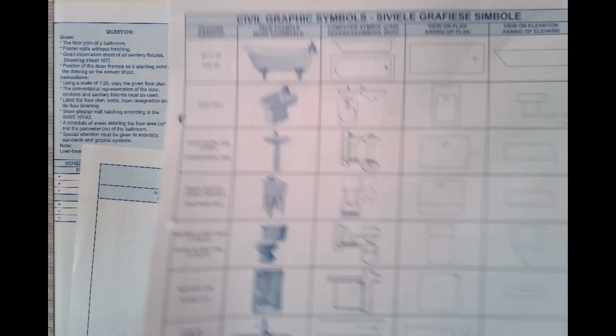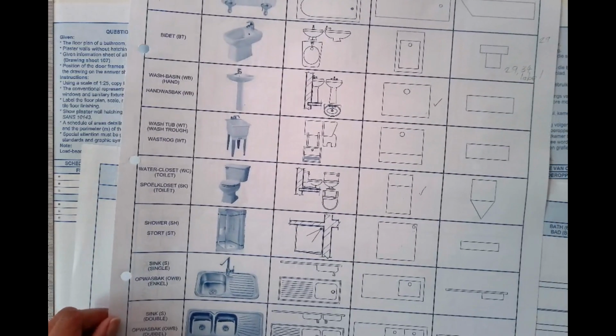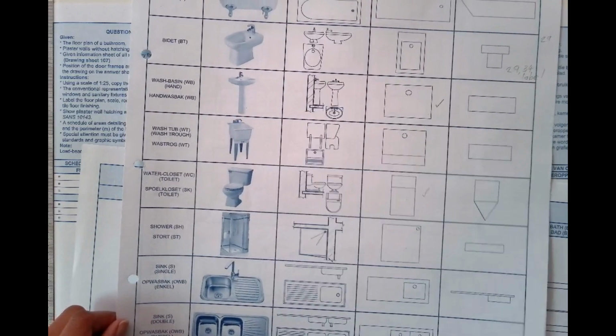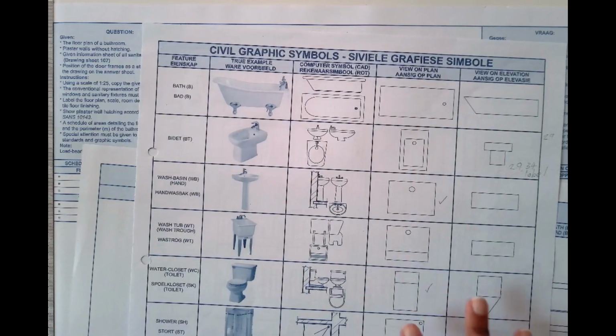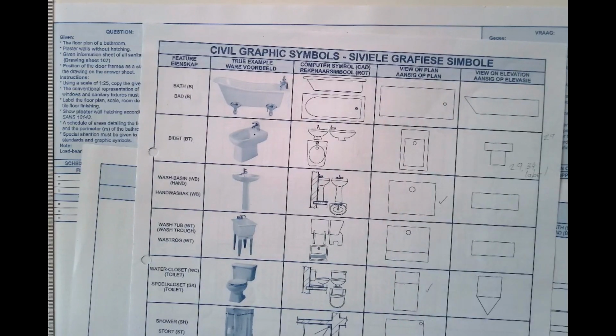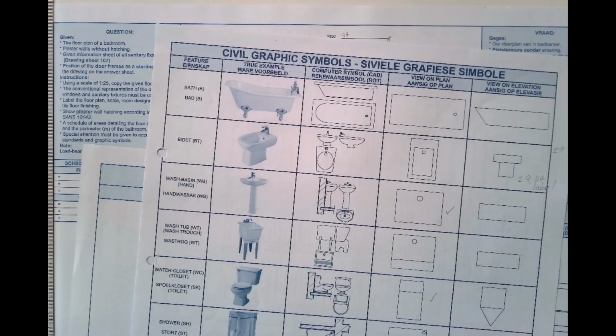This is the page. I'm sure all of you have this page in your books, and this is your conventional views. This is how you would show your views, this specifically in a floor plan, and then this one in an elevation, this side.